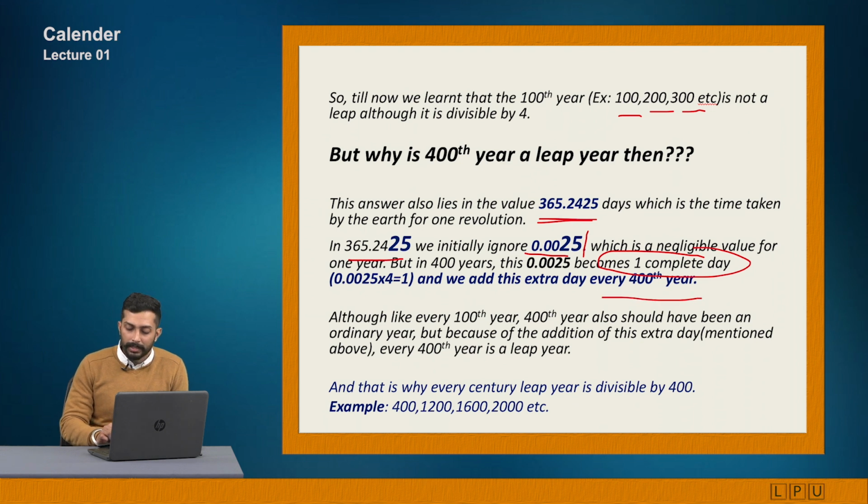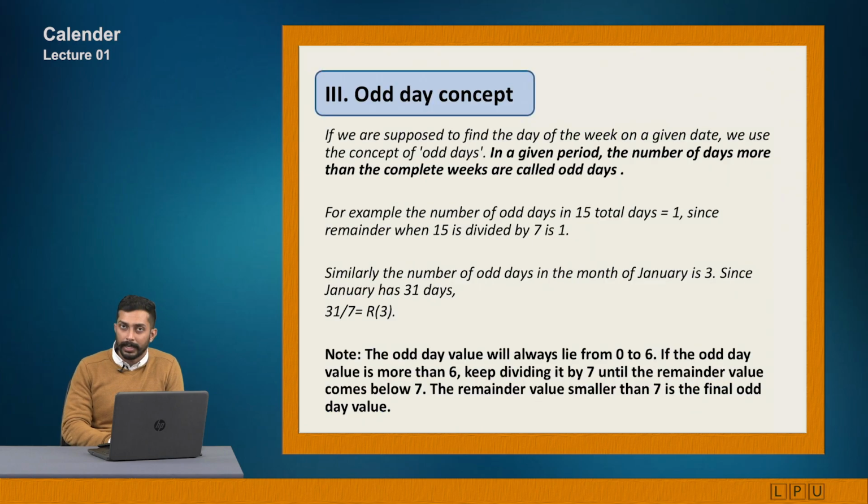So we added this extra day to the 400th year. That is why every year divisible by 400 is a leap year. Examples are 400, 1200, 1600, 2000 are leap years.